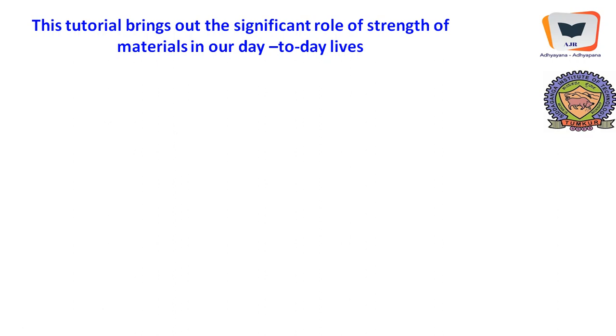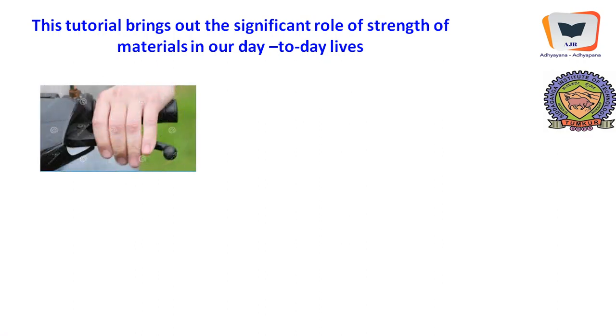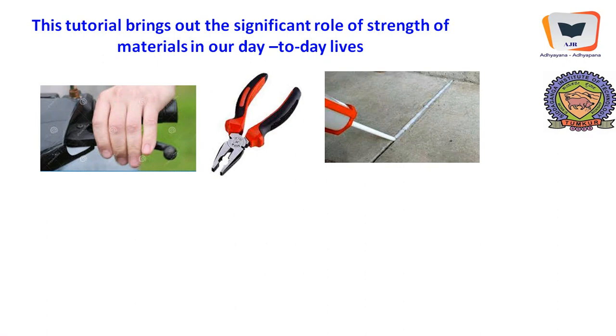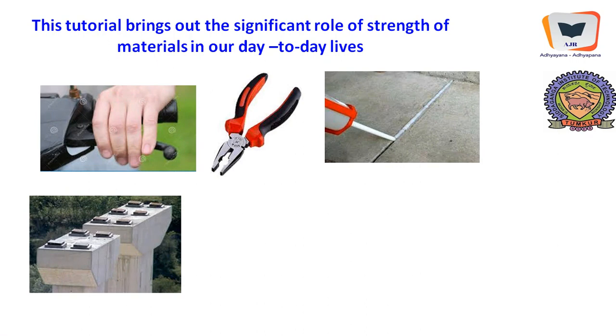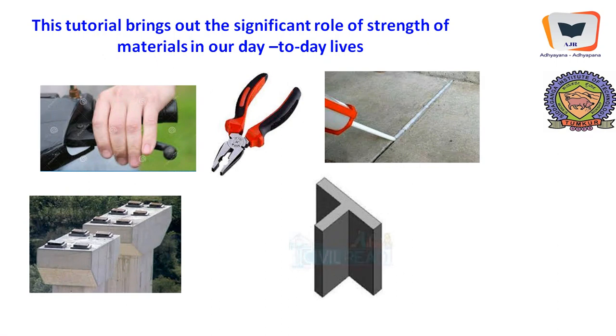Number two, the problems chosen here will bring to fore the significance of strength of materials in our day-to-day lives, be it a handbrake in a moped, or a simple cutting plier, or an epoxy joint provided for concrete slabs, or bearings provided over a bridge in order to seat the superstructure of the bridge, and a column of a typical configuration as far as area of cross section is concerned.